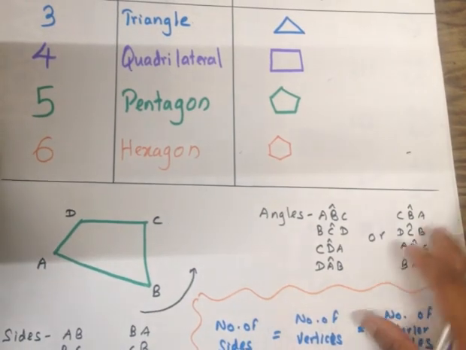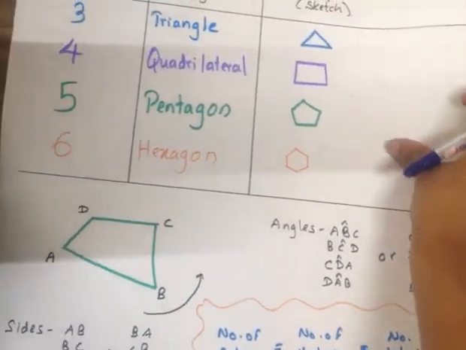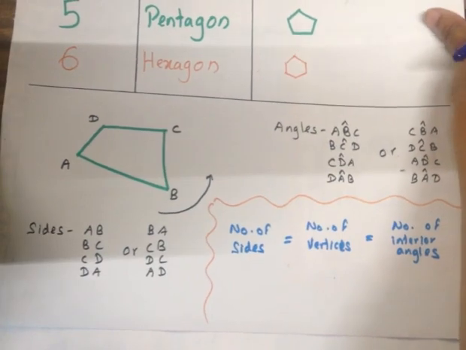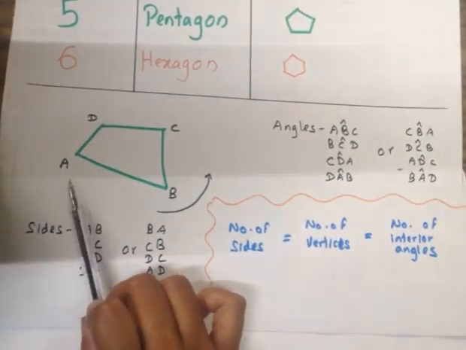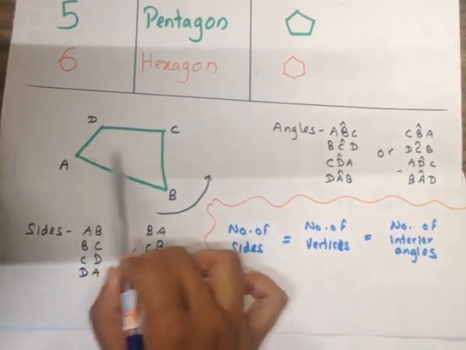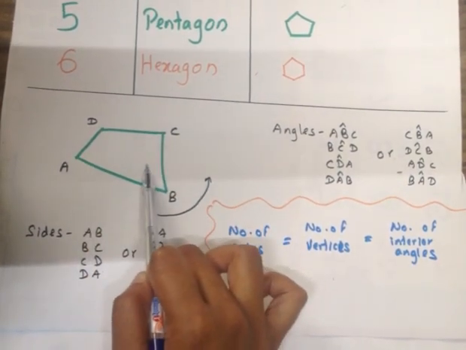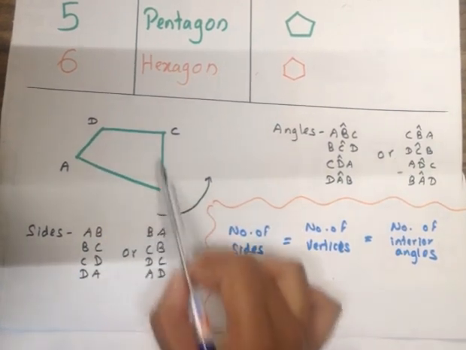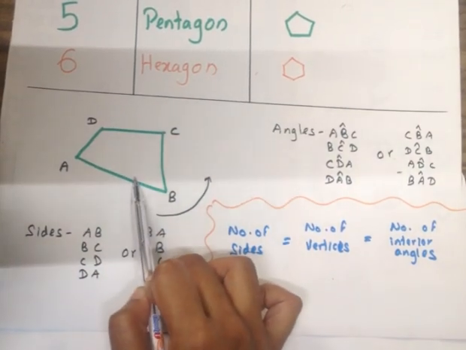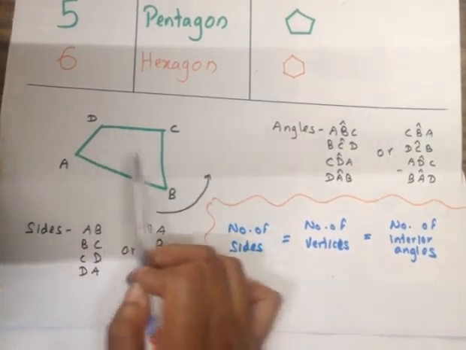Okay, let's see how to name a polygon. We usually name a polygon with capital English letters. You can see how I have named this quadrilateral A, B, C, D. So when we are naming this quadrilateral, we say this is A, B, C, D quadrilateral.